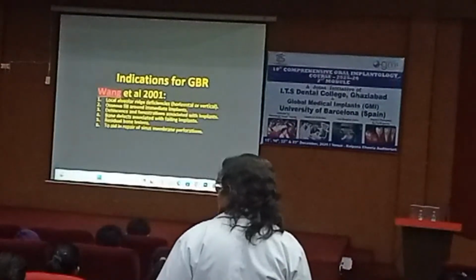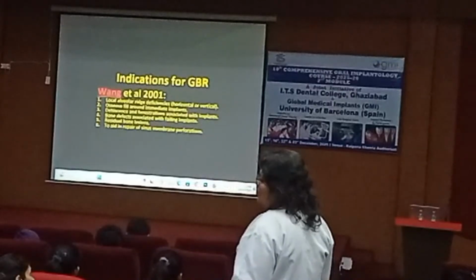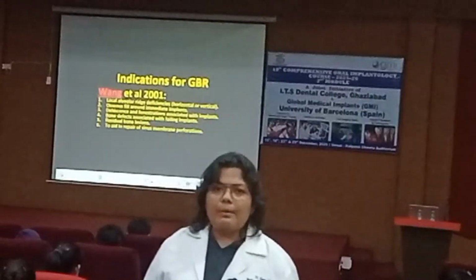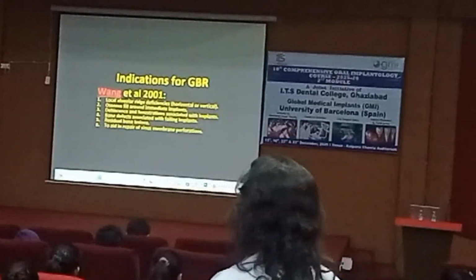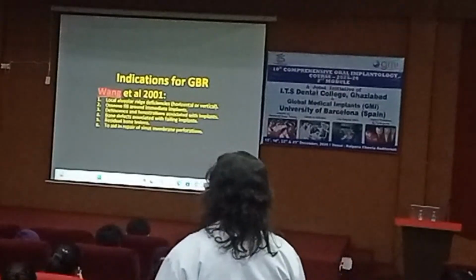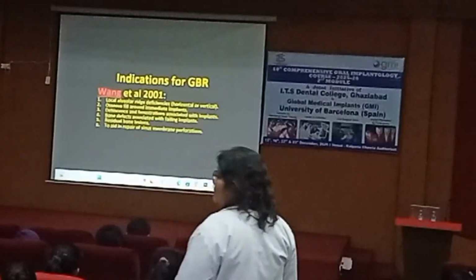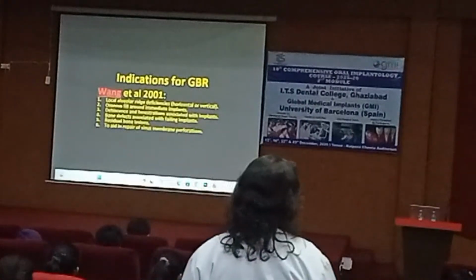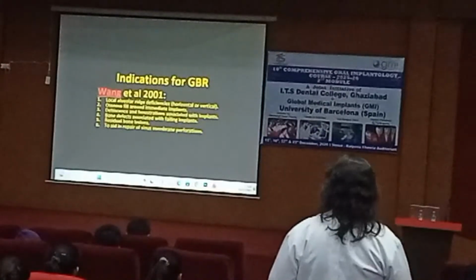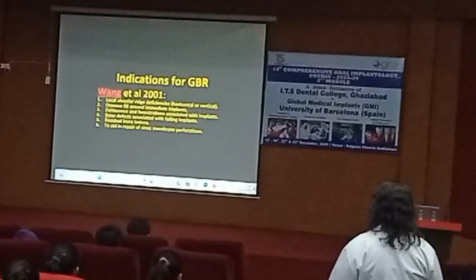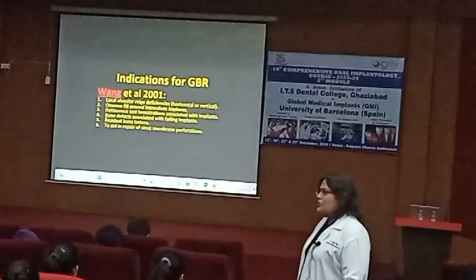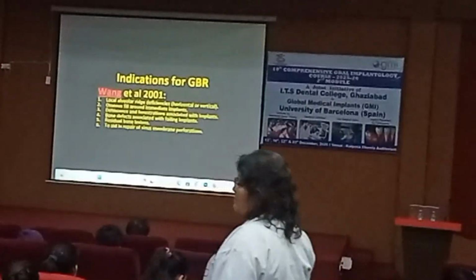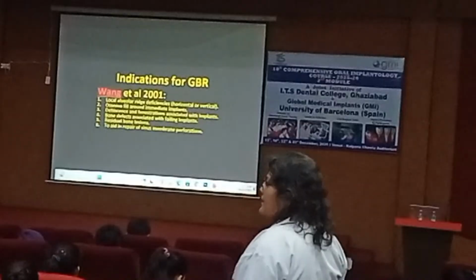Wherever you retrieve a failing implant, of course there will be bone loss, there will be a bone defect, and in those cases we perform bone graft, usage of membrane, which is called guided bone regeneration. Also, in case of residual bone lesions, wherever you see an abscess, wherever you see a cyst, bone loss, and hence the use of GBR. And also to aid in repair of sinus membrane perforations. These are very technique sensitive surgeries. I have never done a sinus membrane repair in my life. It is usually not needed.